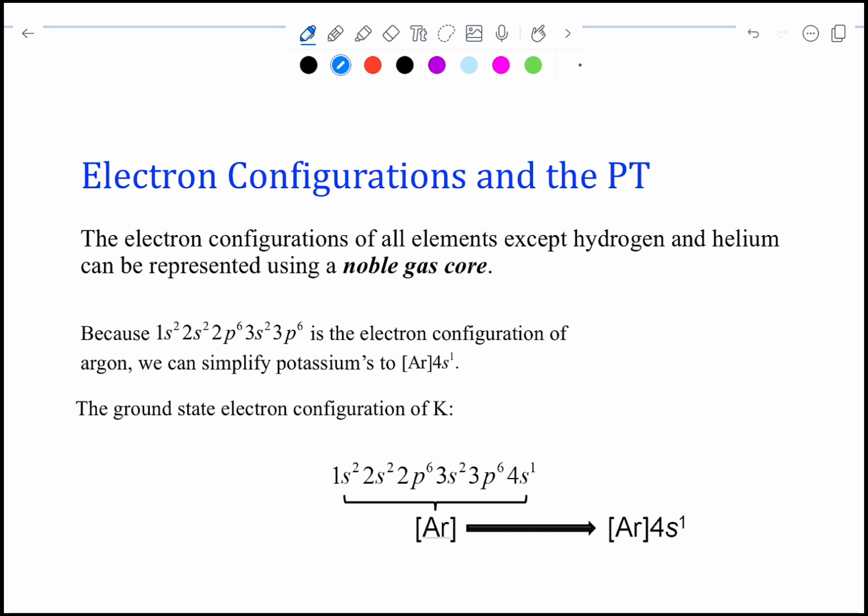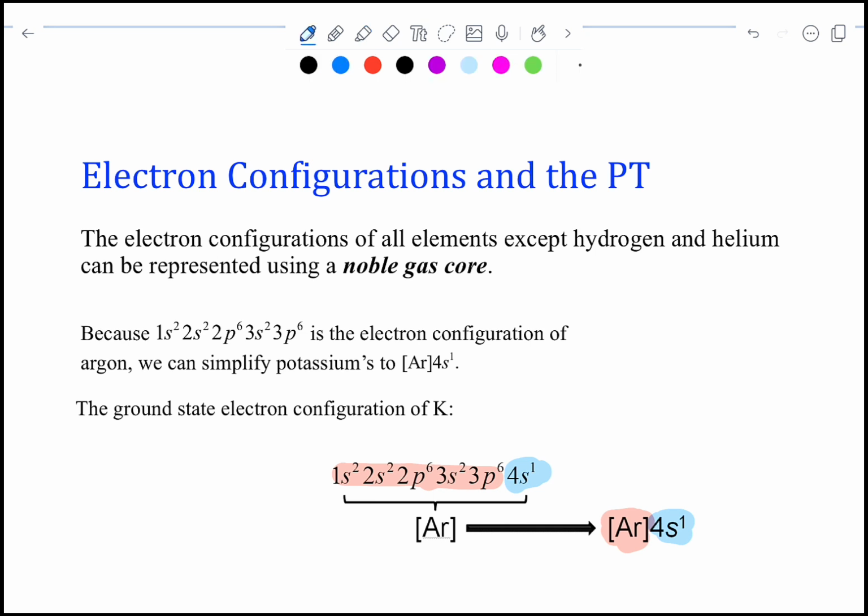Because the electron configuration going up through 3p6 is the same, we can simplify our potassium expression. The first portion here is made up of electrons that are from argon. The only difference is here, so we can simplify by saying, well, we're going to put argon in brackets, and everything that's different from argon comes after those brackets.